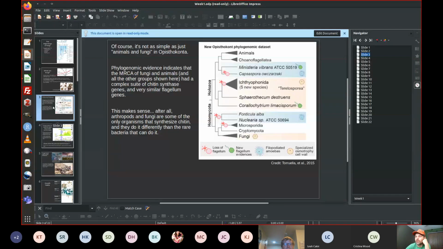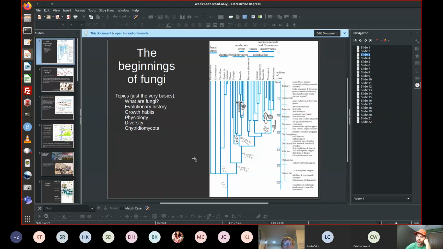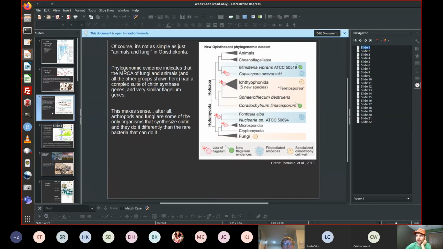It's really tough to define what fungi are without just saying, oh, it's this monophyletic group. It's kind of a circular argument. But when you look at the opisthokonts here, we've got animals and choanoflagellates, and then the ichthyosporeans, and then here's all of our fungal things.